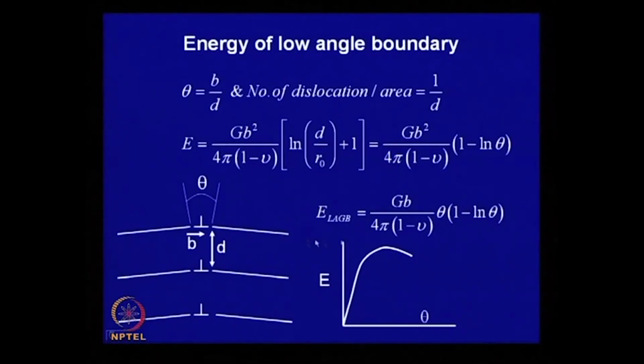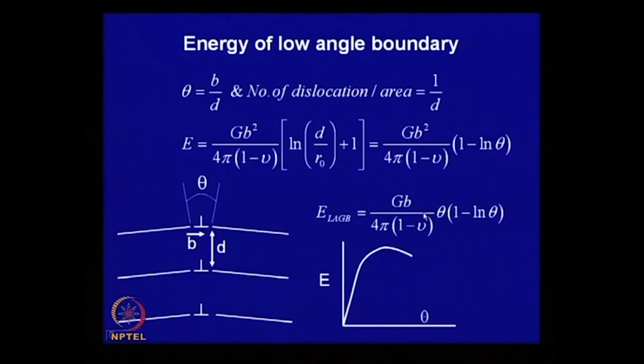So this is the energy per unit length of the dislocation. Now, you have to multiply this by this distance.